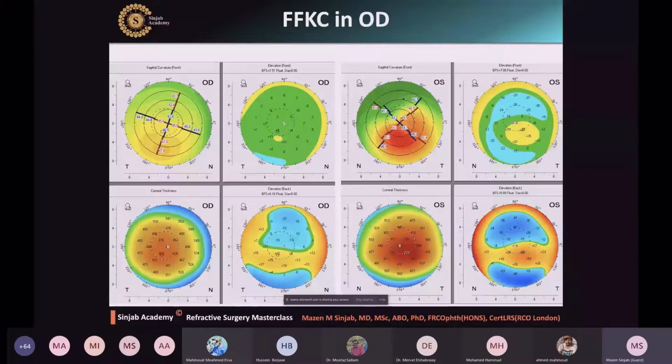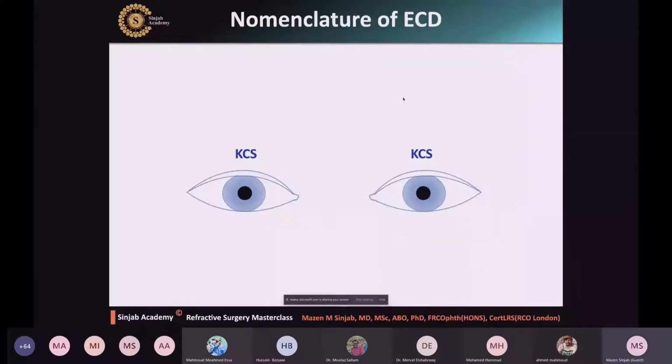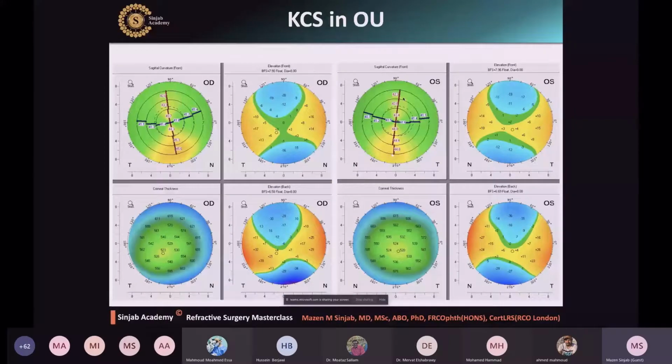Other maps are normal, okay? Regardless of the thickness, we said. So the right eye is considered as forme fruste keratoconus. Keratoconus suspect is when we have abnormal anterior curvature in one eye or both eyes, but there is no keratoconus in any of the eyes, okay?